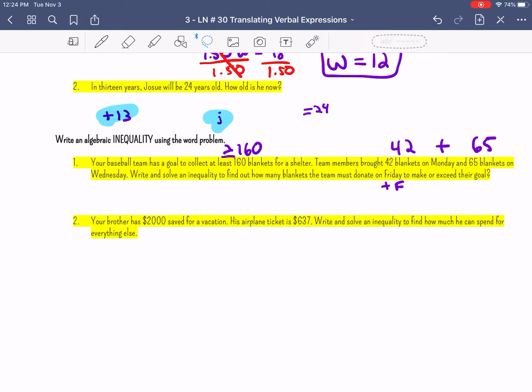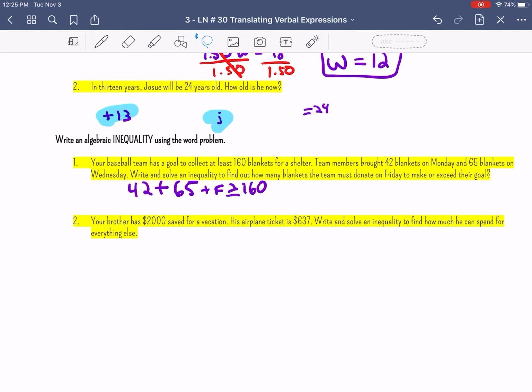So 42 plus 65 is what they have so far. And then whatever they are able to get on Friday, in addition to that, they need that to be greater than or equal to 160.